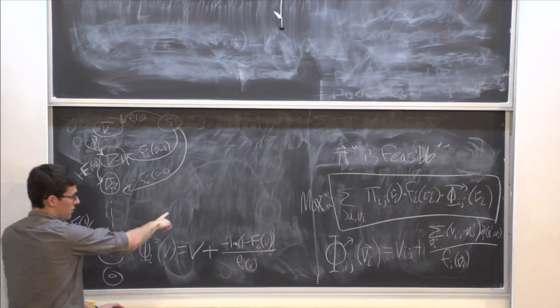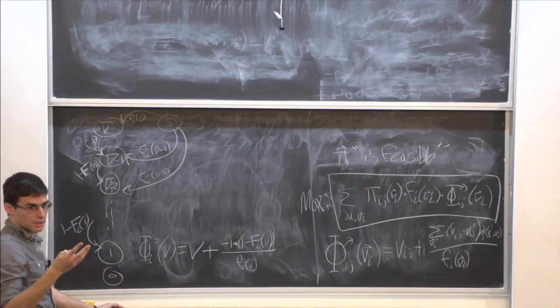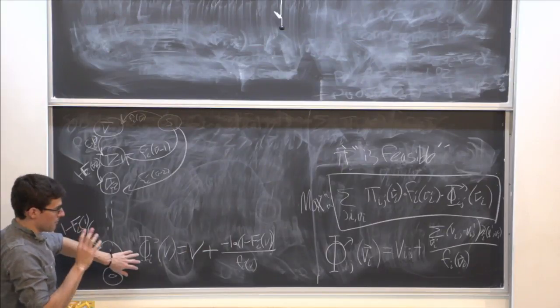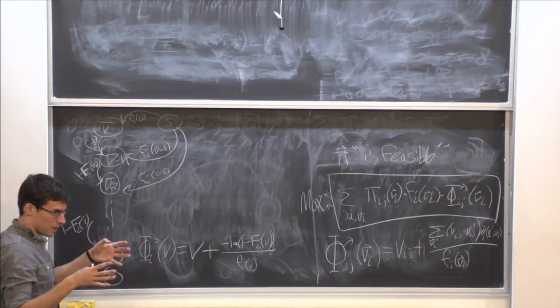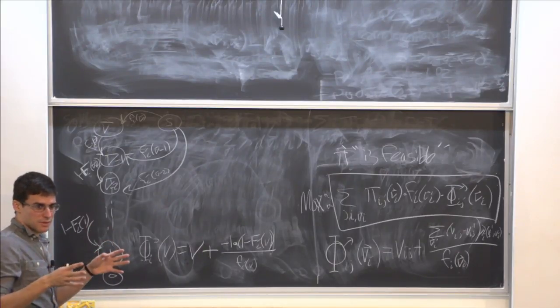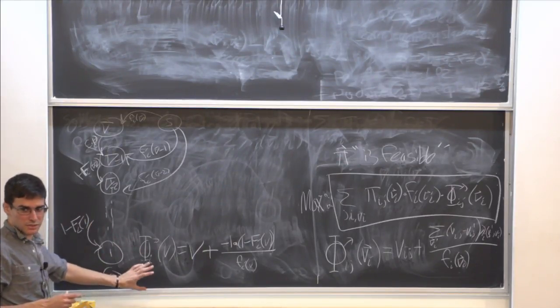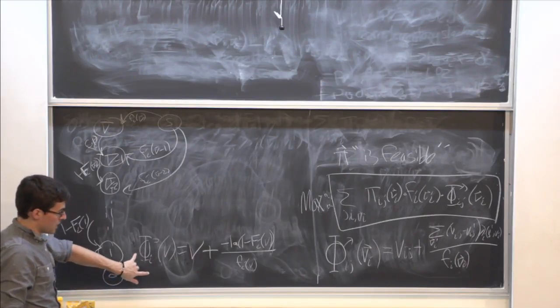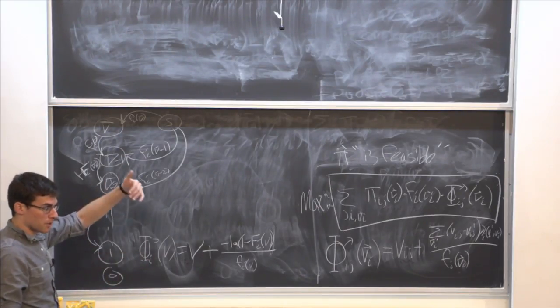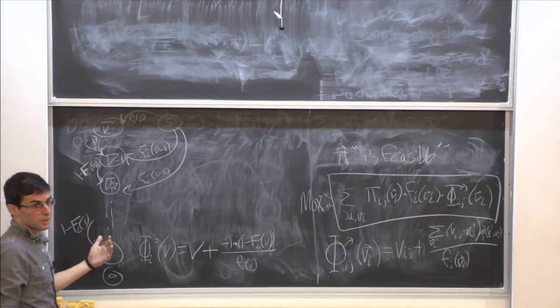I can write the revenue I get as (1 minus big F of V) times V. It's basically the derivative of this function, after a change of variables I don't want to get into. So this captures, if I were to increase the price, would my revenue go up or down, and what is the rate of change?